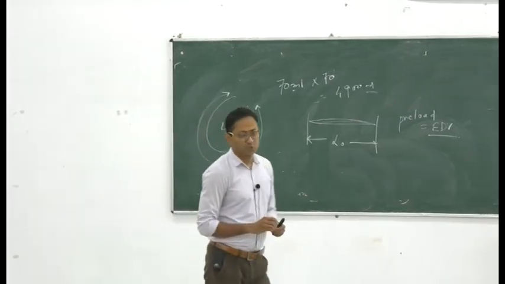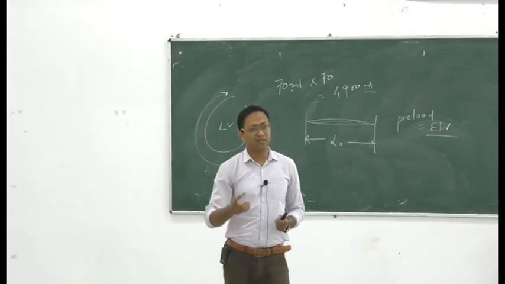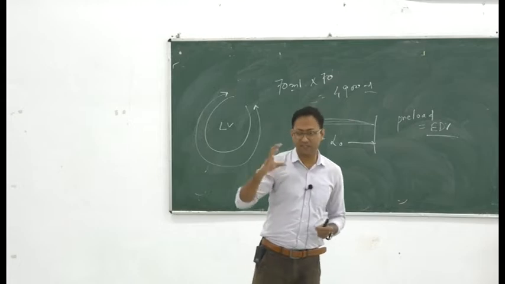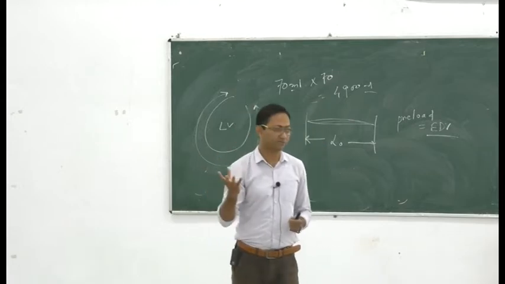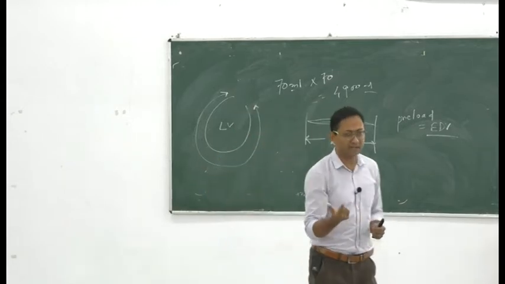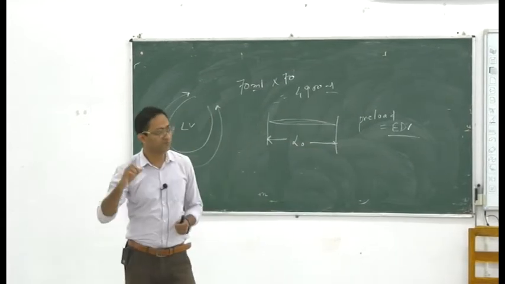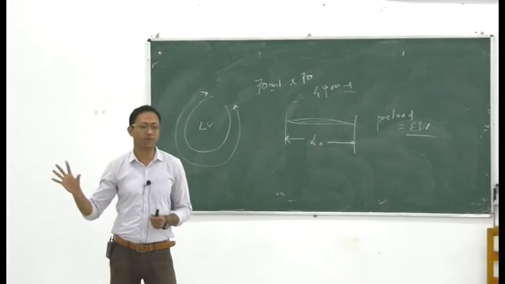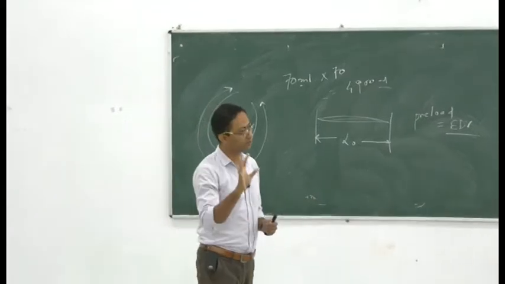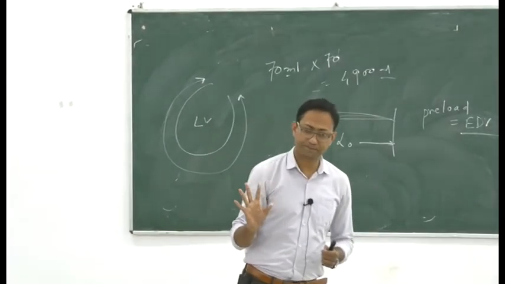At every beat your LV is ejecting 70 ml of blood, and if your heart rate is 70 per minute, that is 4900 ml, or almost 5 liters per minute, your cardiac output.